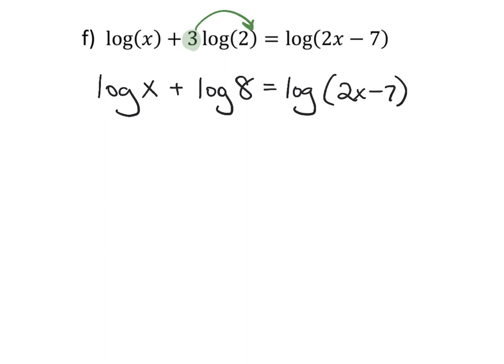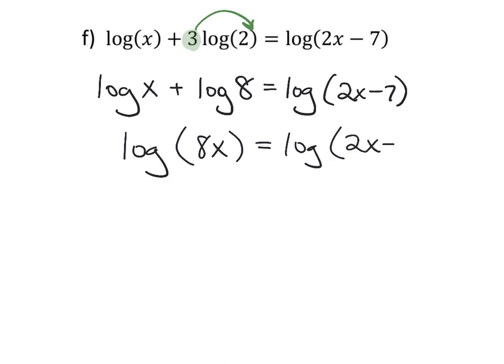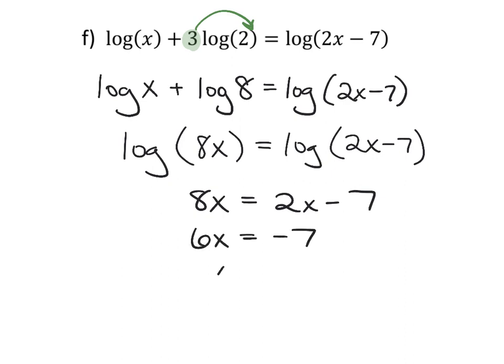I see that there's a plus sign in between those logarithms, so when I condense those into 1, that's going to be 8x, because we're going to multiply those. And now the logarithms have the same base, 1 on each side. So I can set the arguments equal to each other. This would be 8x equal to 2x minus 7. Subtract 2x from both sides, and divide by 6.